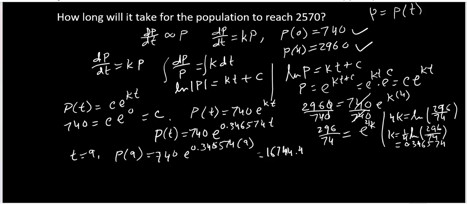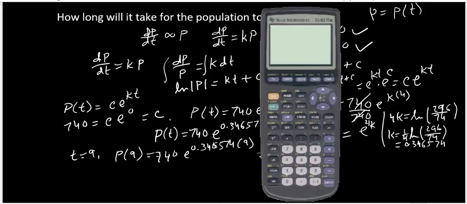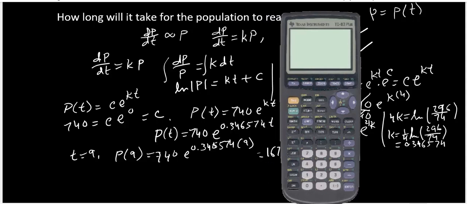Okay, let's look at all the solutions in the calculator. So first I'm finding k. So you have 1 divided by 4.